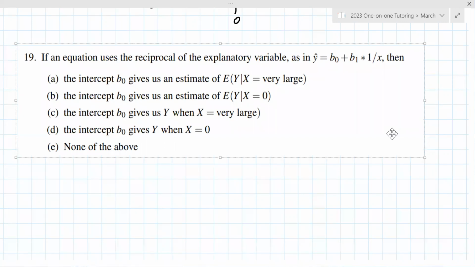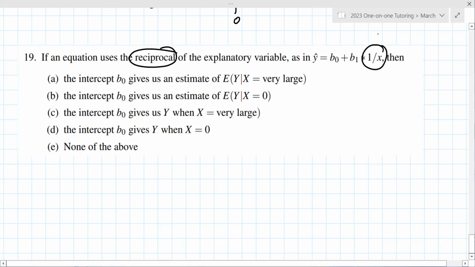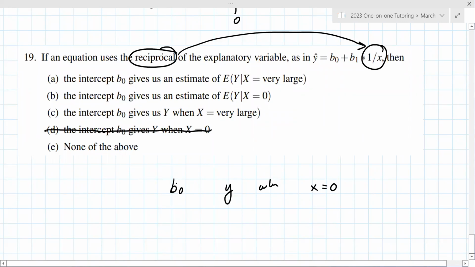If an equation uses the reciprocal of the explanatory variable, as in that function, the intercept B naught gives us... Sometimes it's good to go back to what B naught is: Y when X is 0 in general, like in the normal case. And so that excludes D, because we're talking about the reciprocal.